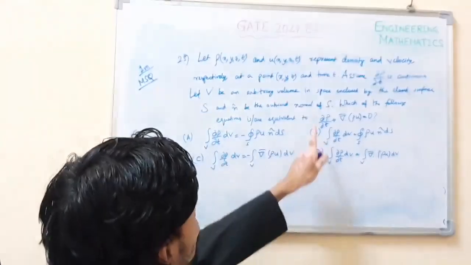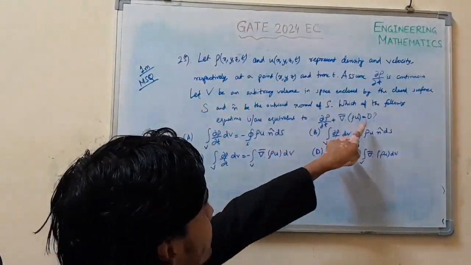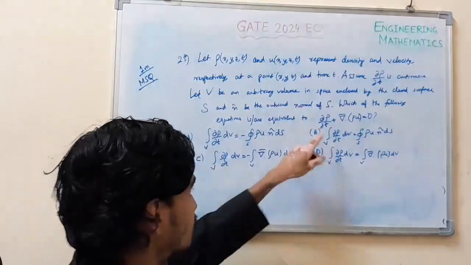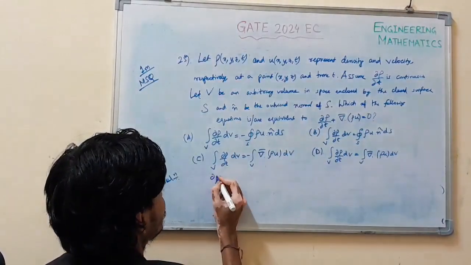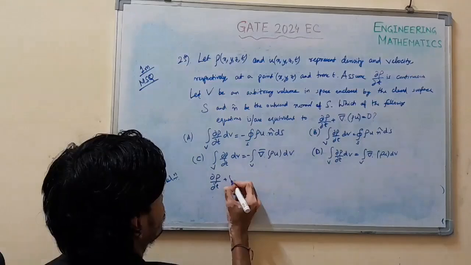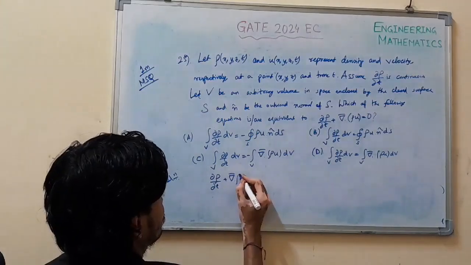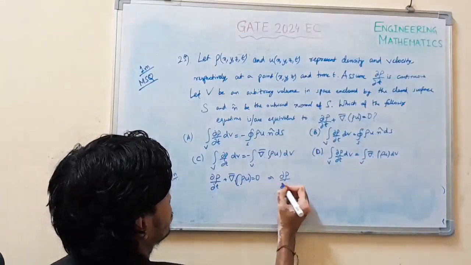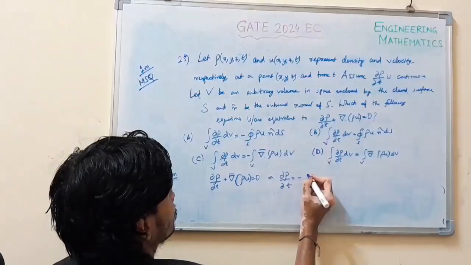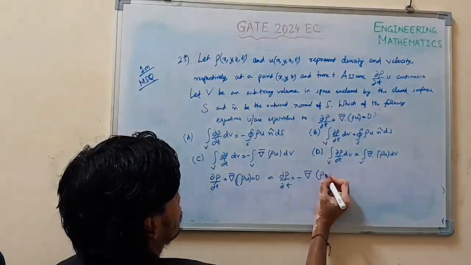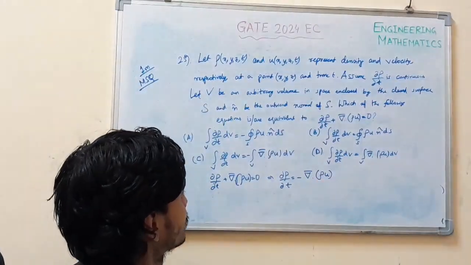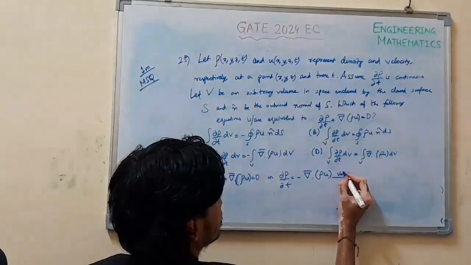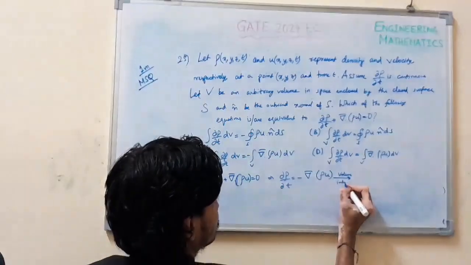Basically it asks which of the following equations is equivalent to this given differential form. Now, if we rearrange the given equation, taking this to the RHS, we get del rho by del t equals minus divergence of rho u. Now, let's take the volume integral on both sides.